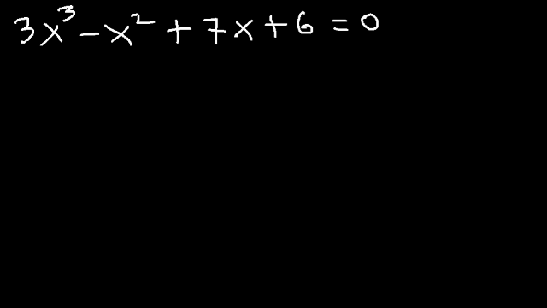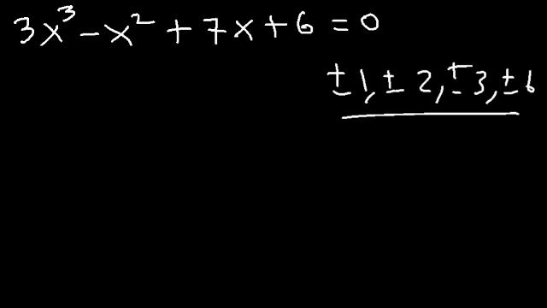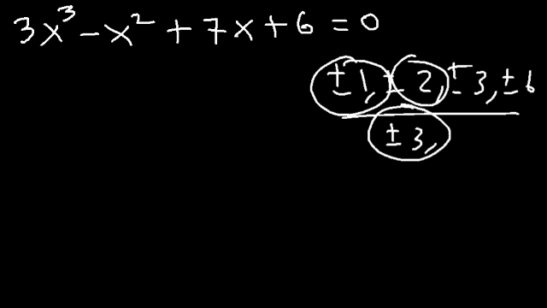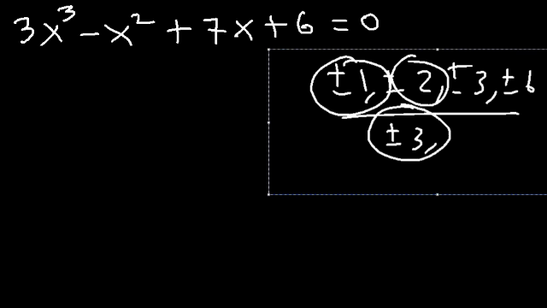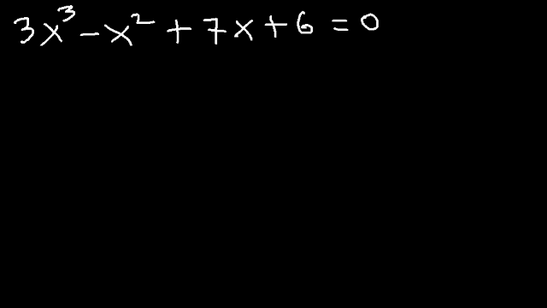Keep in mind, the factors were 1, 2, 3, and 6 divided by 3 and 1. So it could be 1/3 or 2/3. Let's try 2/3 to begin with.